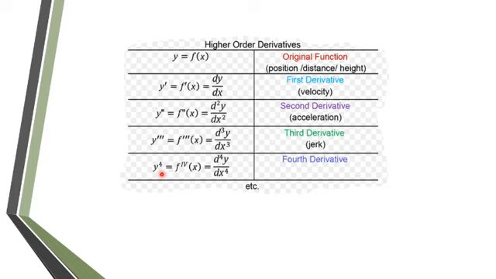And the fourth derivative, f4 of x or d4 y over dx4, represents snap, the rate of change of jerk. So the first derivative represents velocity, the second represents acceleration, the third represents jerk, and the fourth represents snap, the rate of change of jerk, and so on.